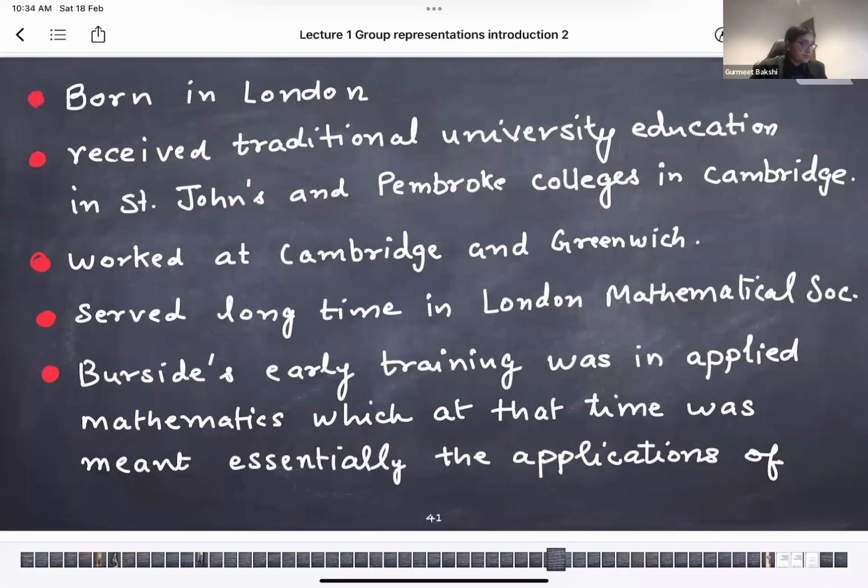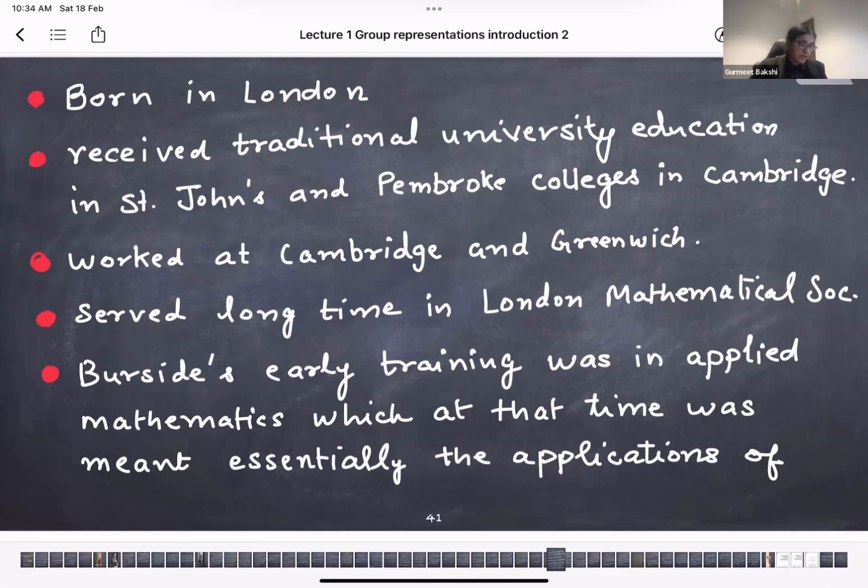He was born in London, received a traditional university education at St. John's and Pembroke College in Cambridge, worked at Cambridge and Greenwich, and served a long time in the London Mathematical Society.